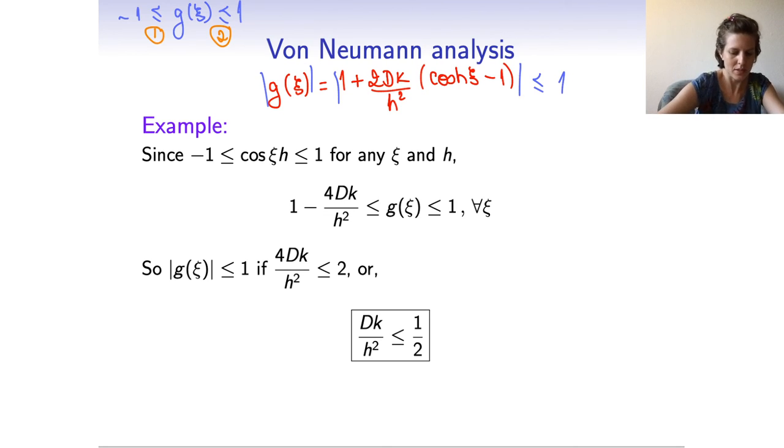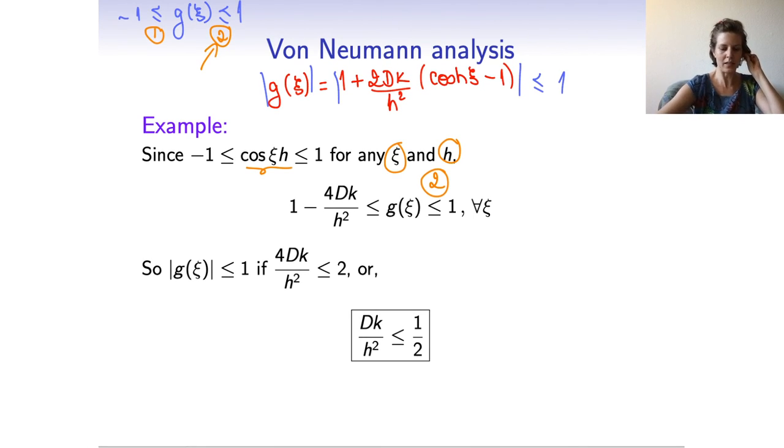So since cosine of psi h is between minus 1 and 1 for any psi and h, the second condition is satisfied.